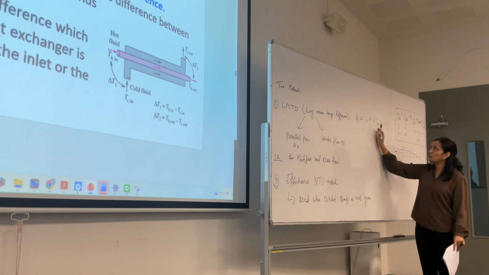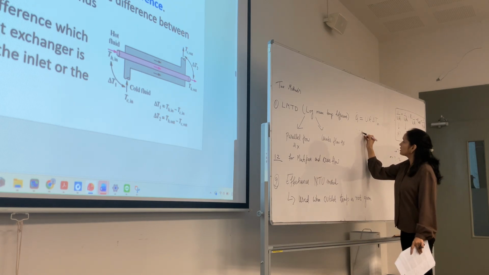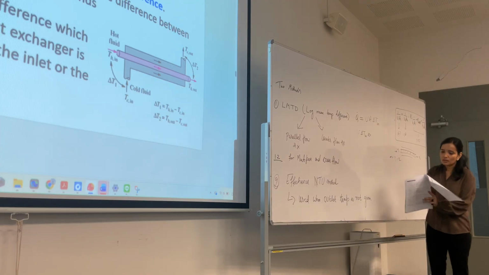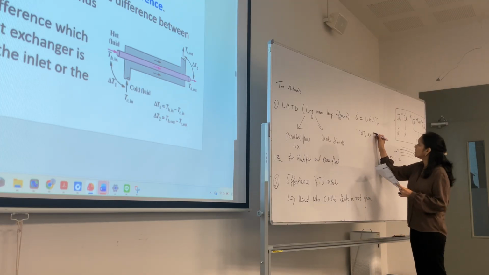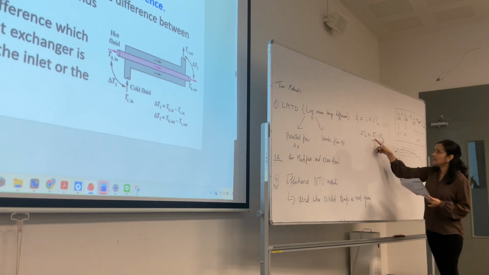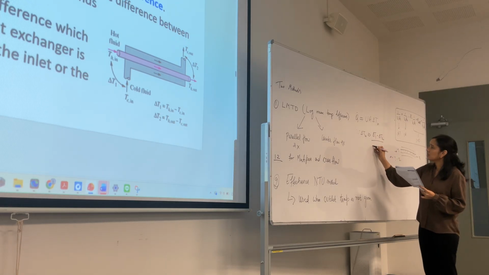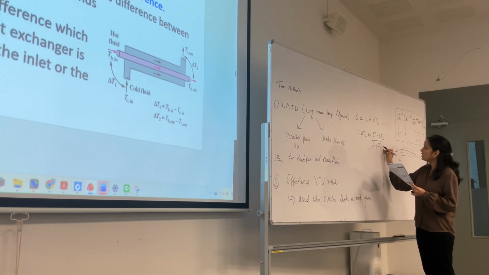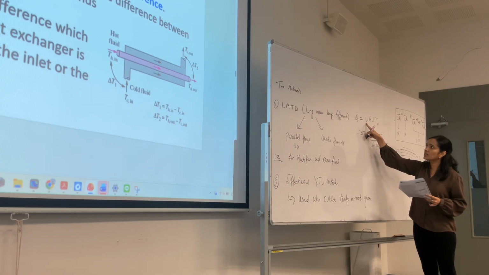Okay, so the formula for delta T LM is delta T1 minus delta T2, inlet temperature, outlet temperature, right? Over ln of delta T1 over delta T2. Okay, this is the overall heat transfer coefficient.